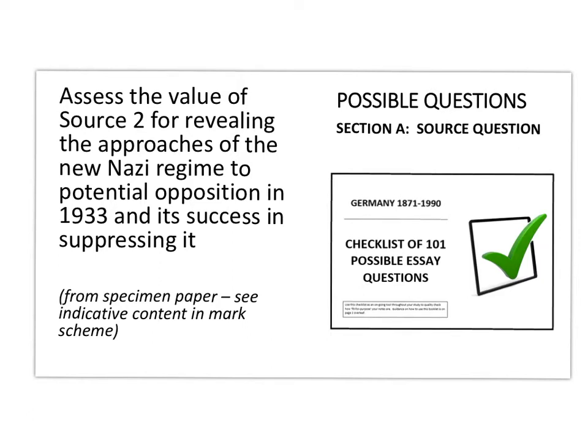You will probably remember that question. We used it as a model when we did a lesson on how to answer section A questions. That was the source by Hafner. But if you reflect back on that source, it was about support and opposition to the Nazi regime. So learning from these three lessons could have helped you answer that question.